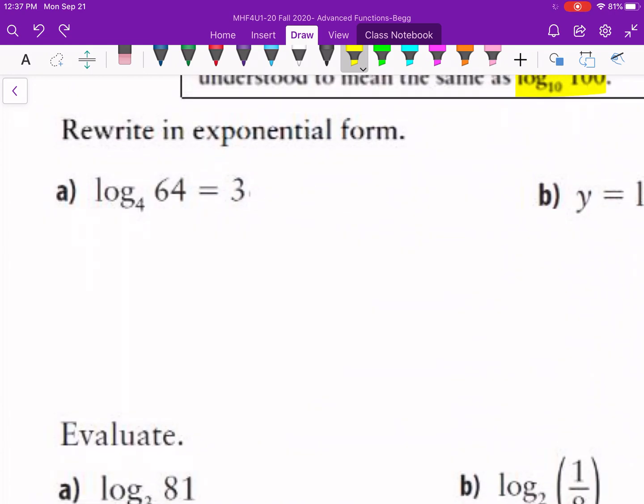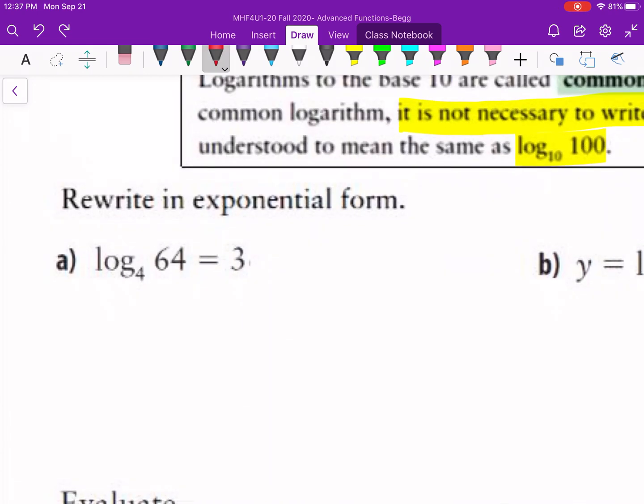So the base was 4, the exponent, remember, is isolated in a logarithmic one, so the exponent would be 3, and then the answer, if I wrote it as an exponential, would be 64. So rewriting it, I can say 4 to the exponent 3 equals 64, because that's true.